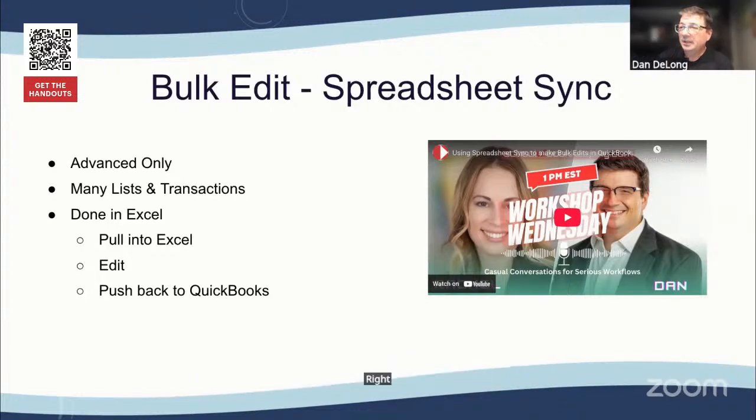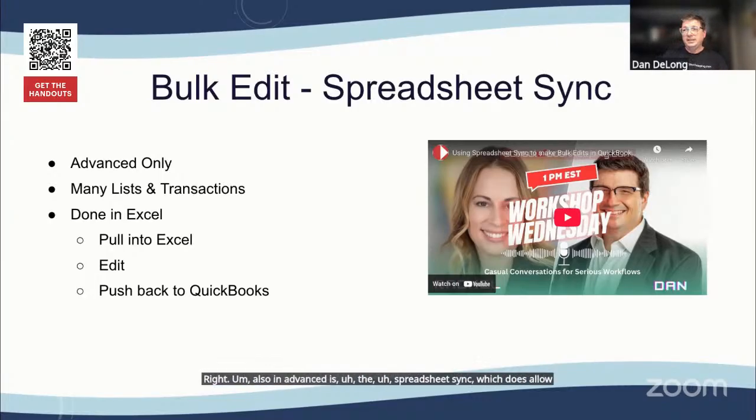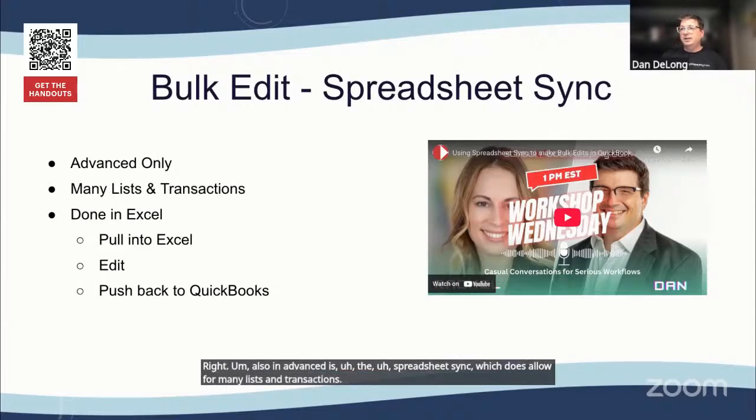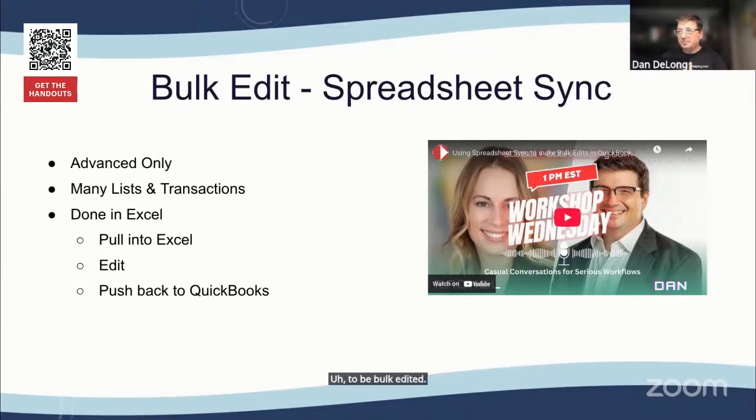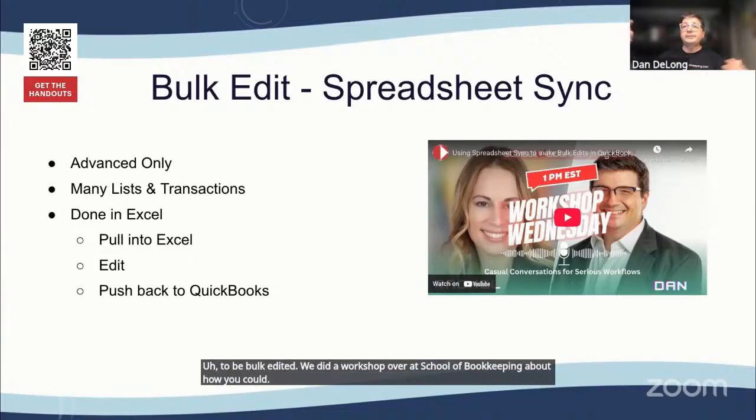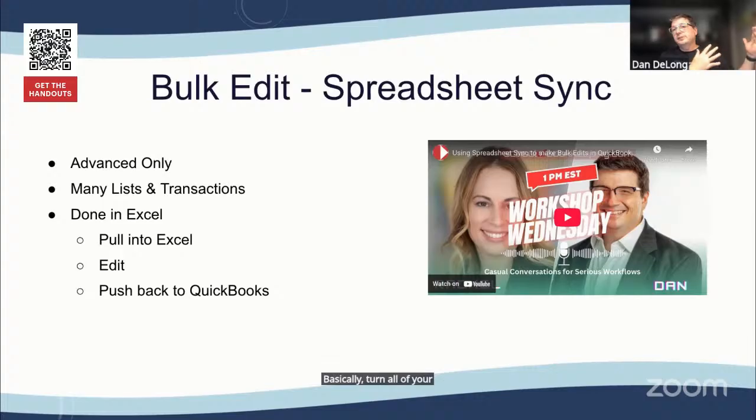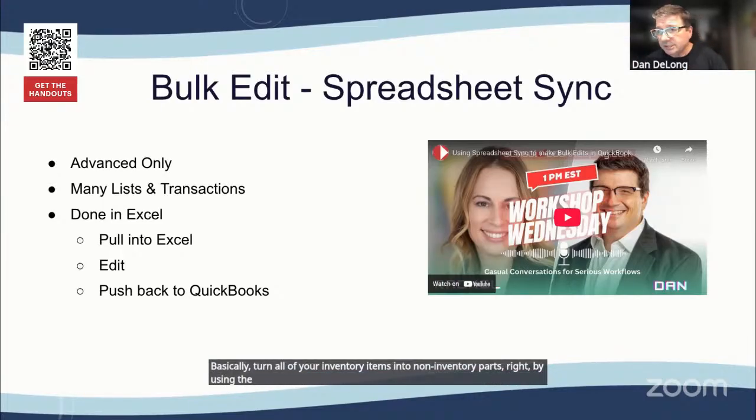Also in advanced is the spreadsheet sync, which does allow for many lists and transactions to be bulk edited. We did a workshop over at School of Bookkeeping about how you could basically turn all of your inventory items into non-inventory parts, right? By using the spreadsheet sync to be able to do that.